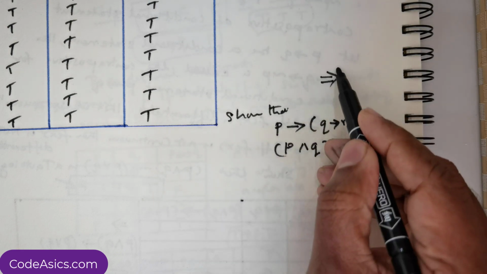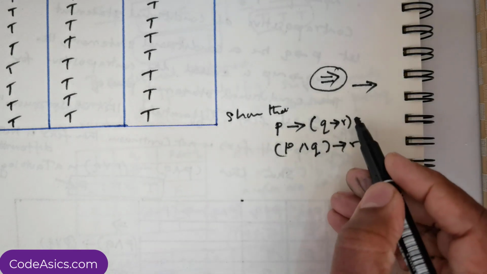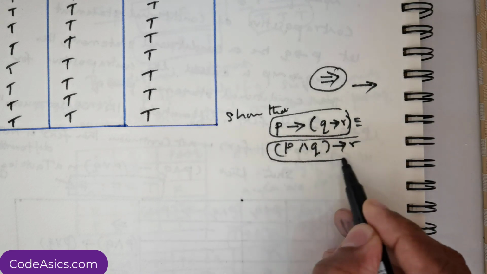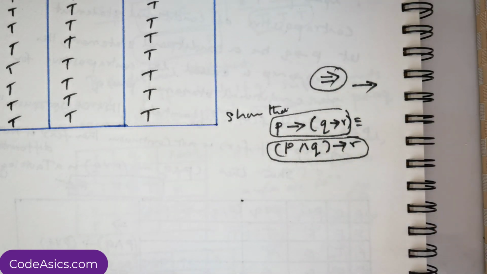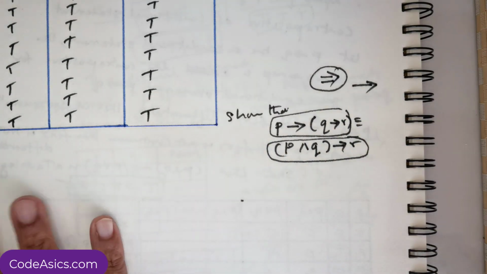So don't get worried. This is nothing but this. So we are expected to show that this part is equivalent with this part. So both of them are equivalent. So that is what we need to show.